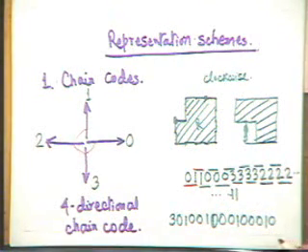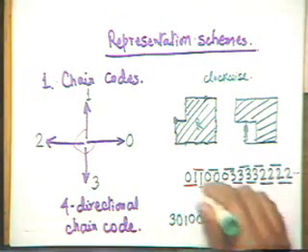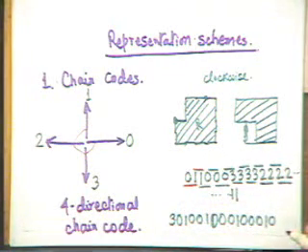Okay. And if you are trying to write it in the form of a circular code, then you should also consider the direction change from this 1 to 0. And obviously 1 to 0, as we already said, is 1 direction change. Okay.